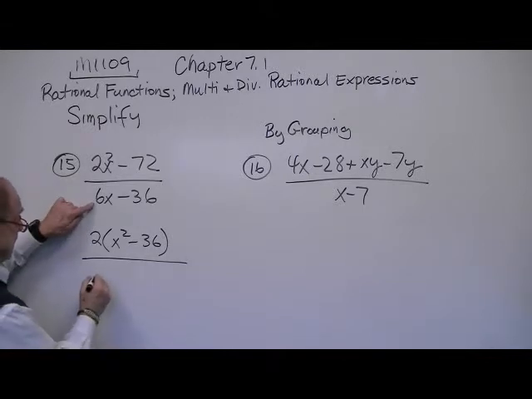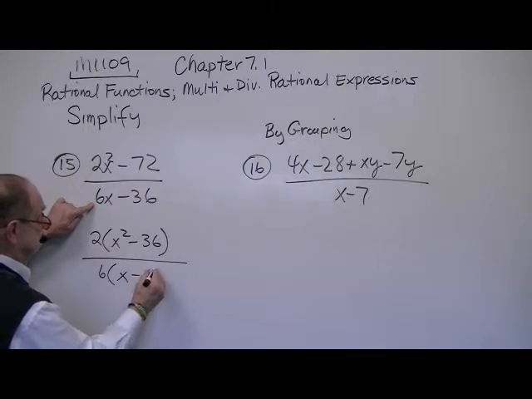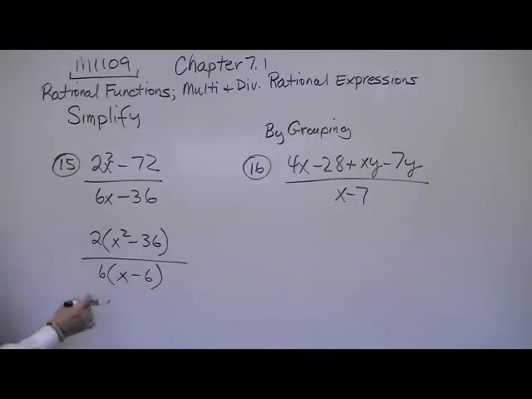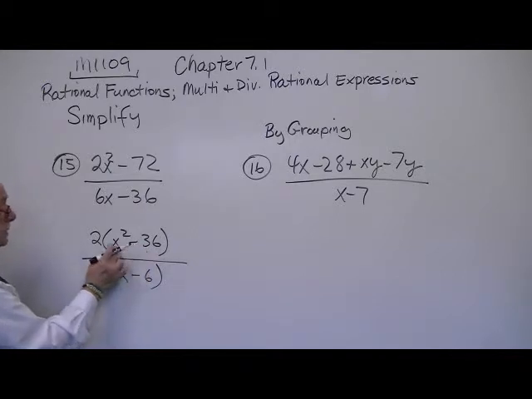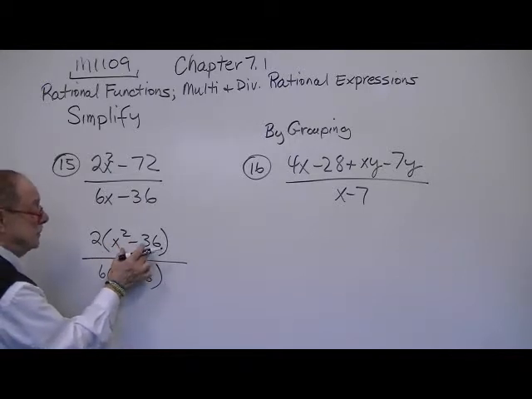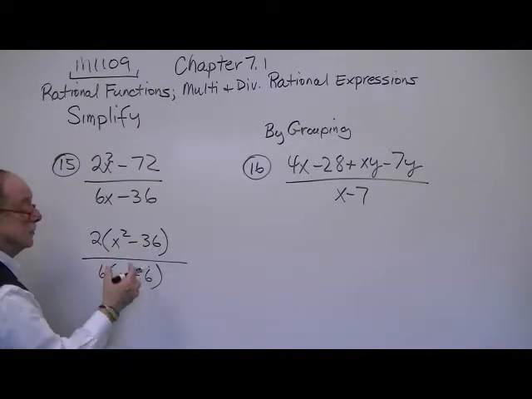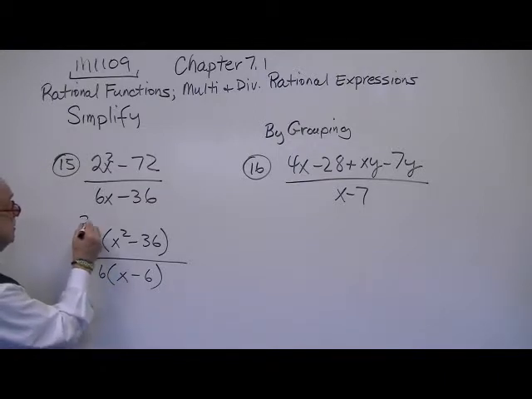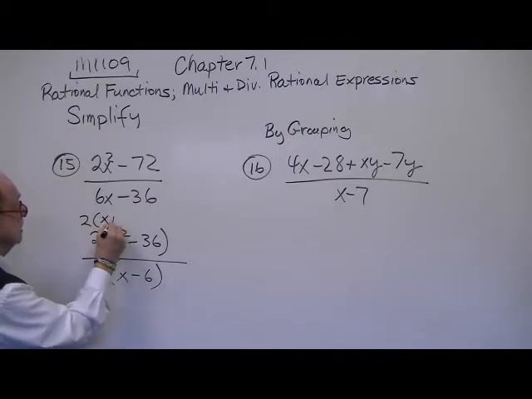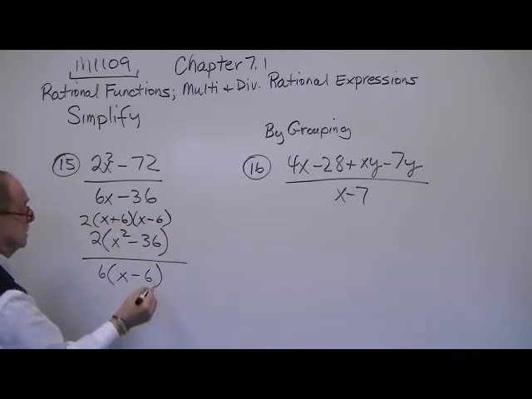We could take a 6 out of there. X minus 6. But we may note that this can still be factored. This is now the difference of perfect squares, and the difference of perfect squares factors into their conjugates. So this is going to become x plus 6, x minus 6.